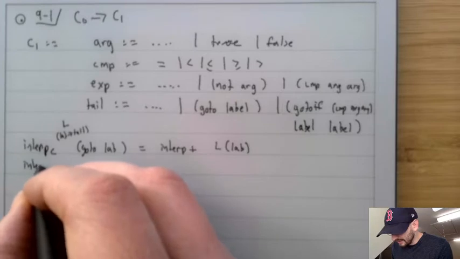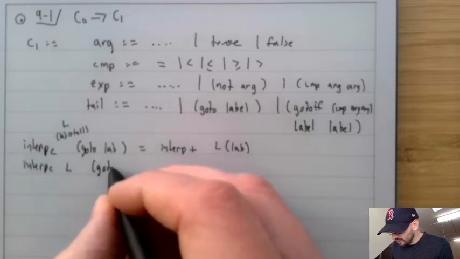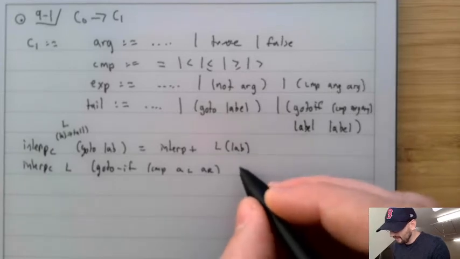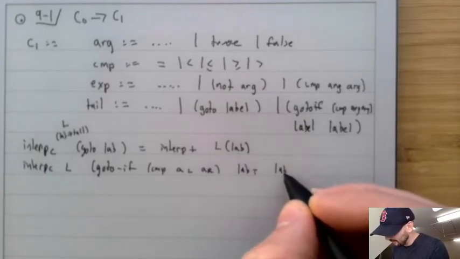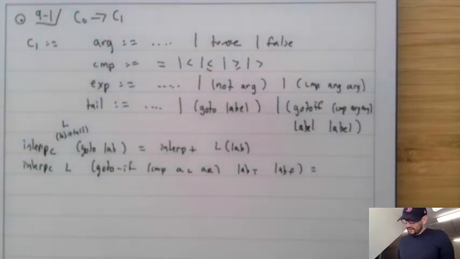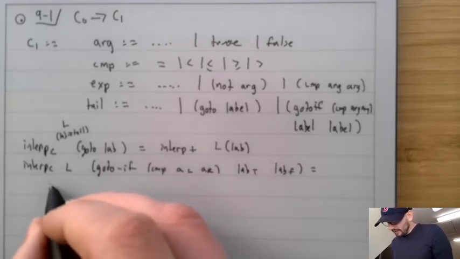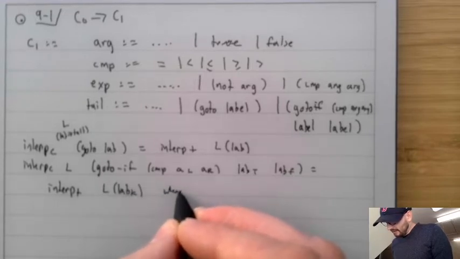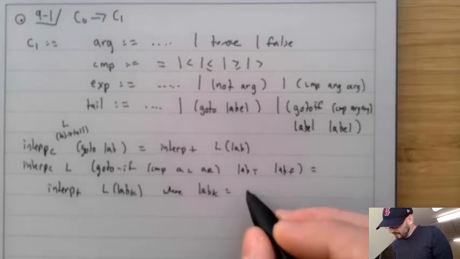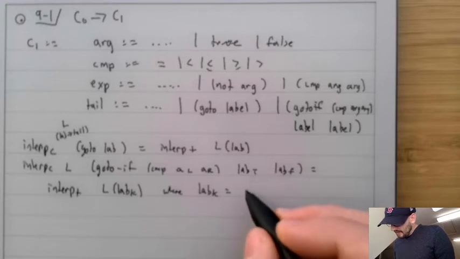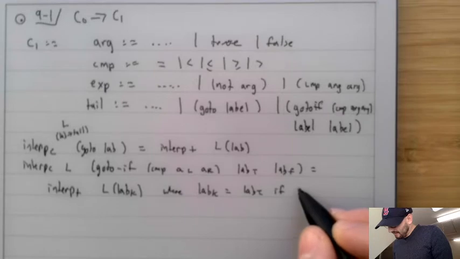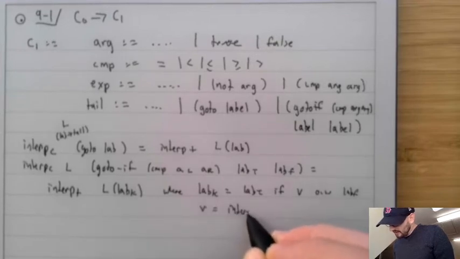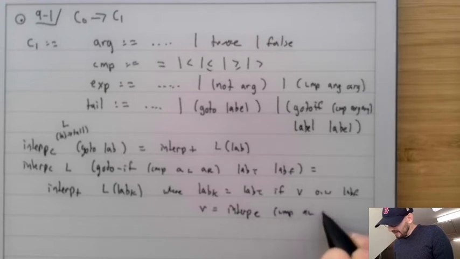Then if we call interp C and we get an L and we have a goto if of a comparison between AL and AR, and then we have a label for the true side and a label for the false side, then what we're going to do is interp T of L label K, where label K is equal to label T if V, otherwise label false, where V is equal to the interpretation of the expression compare AL, AR.